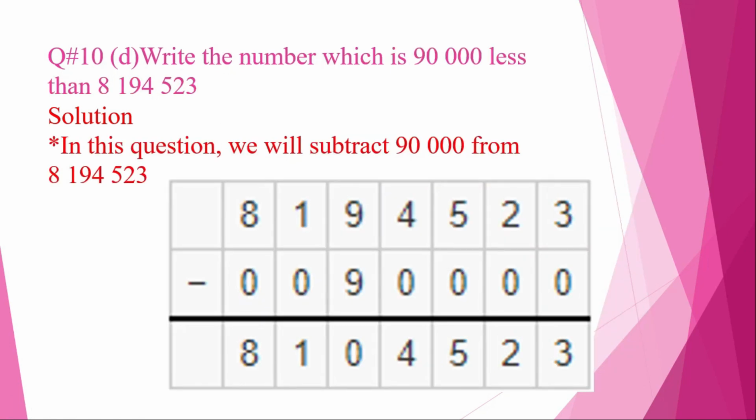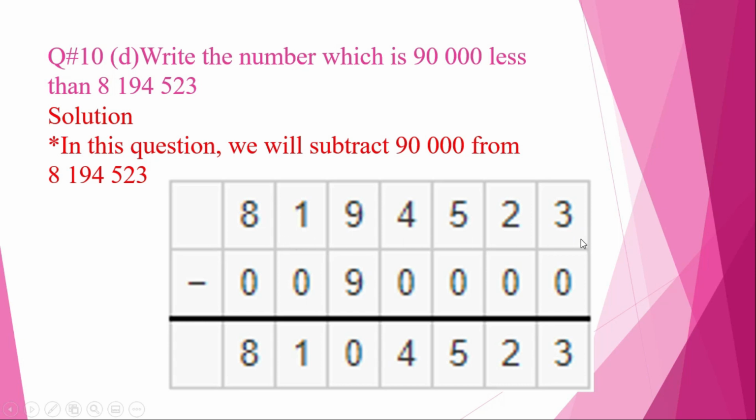Now we will solve question number 10, part D. Write the number which is 90,000 less than 8,194,523. In this question, we will subtract 90,000 from 8,194,523. First, we will align them from the ones.